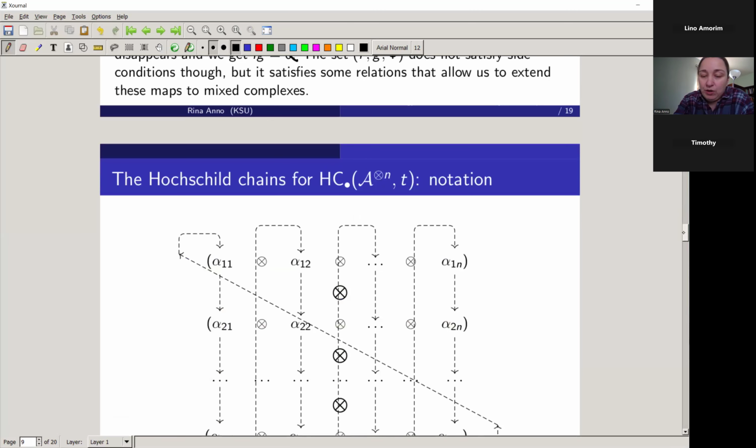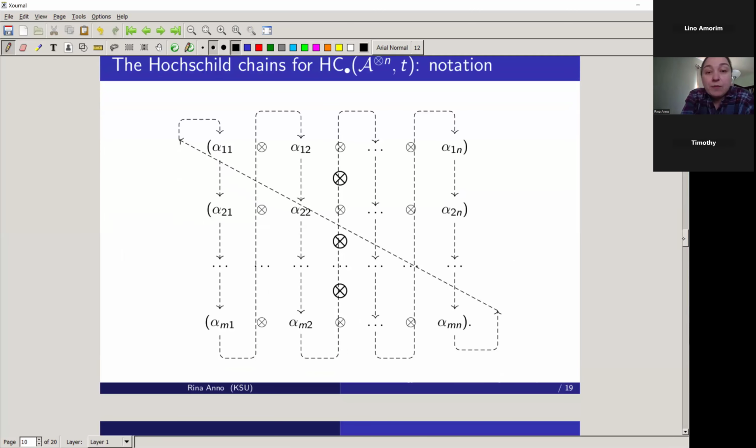So we'd like to write them in a matrix. Every row is a single morphism in A tensor n, and the chain is the chain of rows. So the tensor product between rows is in the Hochschild complex, and the tensor product within a row is a tensor product in A tensor n.